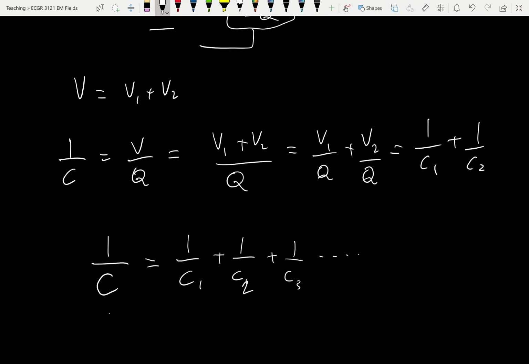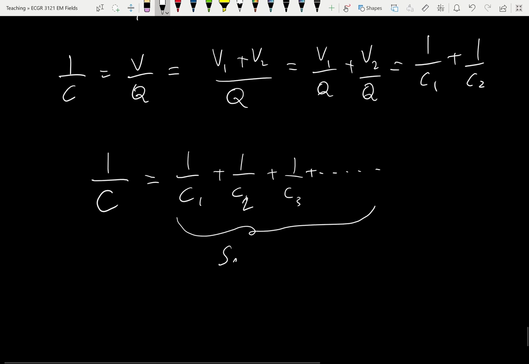So this is also a well-known result from circuits, nothing new here. So this is a series connection of capacitors.